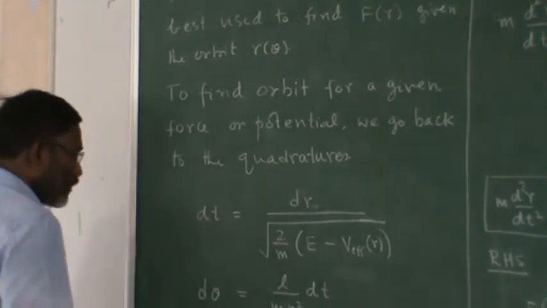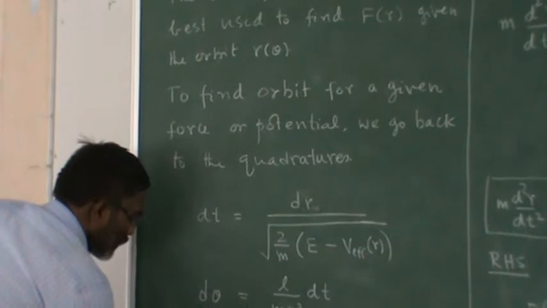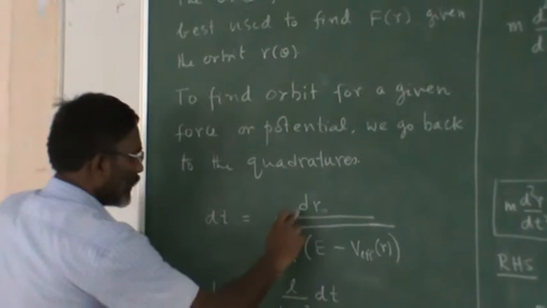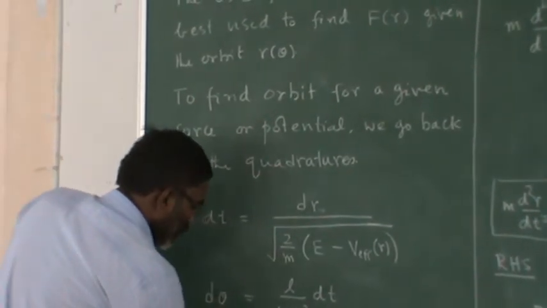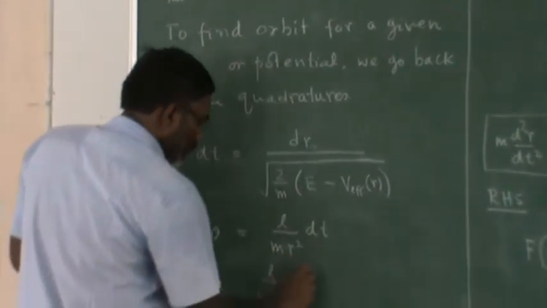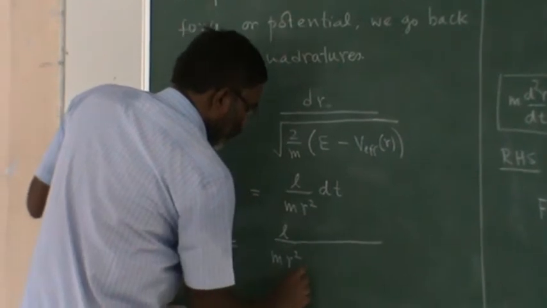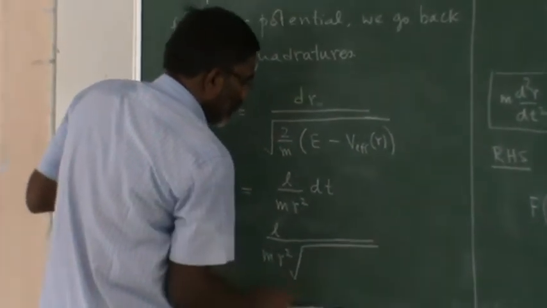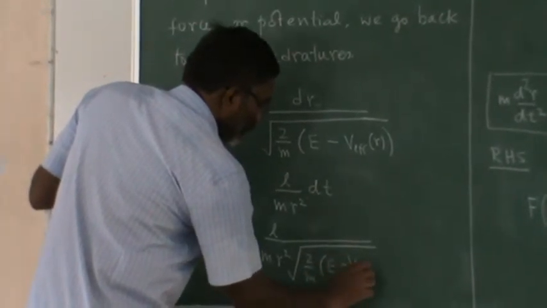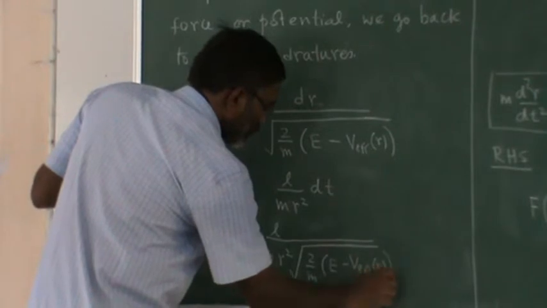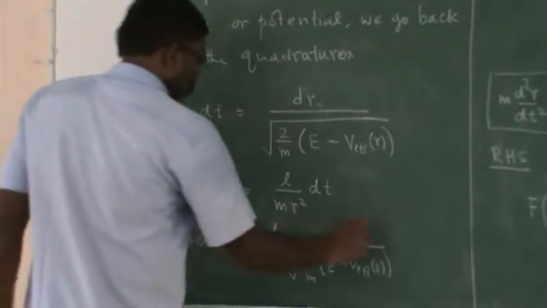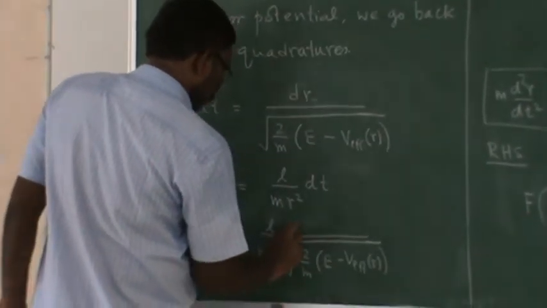Together we can write d theta is equal to L by m r square into 1 over square root of 2 by m into E minus V effective, into dr.